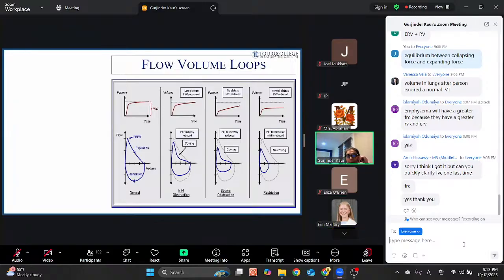Yeah. But for restrictive, isn't it like all you inhale and then all of it leaves really quickly? So what is that last one really showing, like the smaller curve? It's just that the numbers won't be as good as normal, right? Okay. The numbers will be much smaller, but the curves will look very similar to the normal. There's no coving or anything.